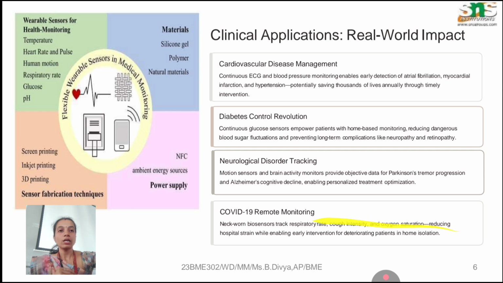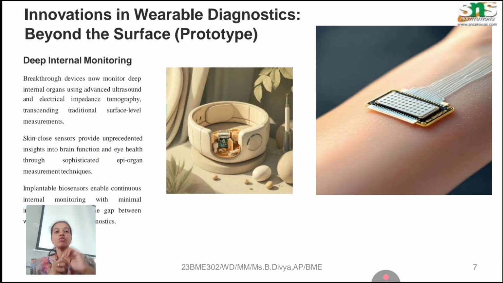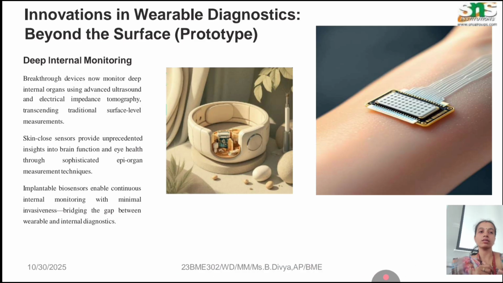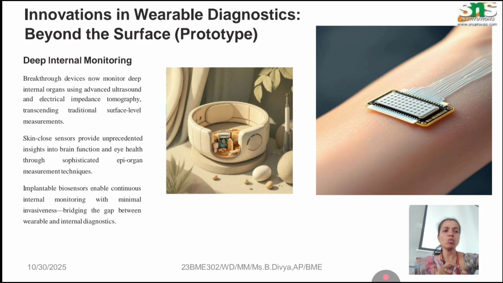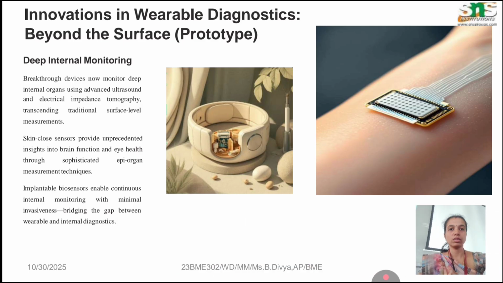Okay. Next, innovations in wearable diagnostics. Deep internal monitoring: breakthrough devices are now monitoring deep internal organs.